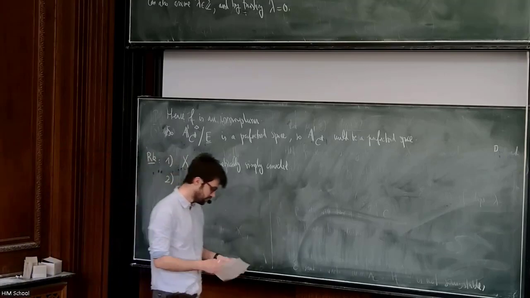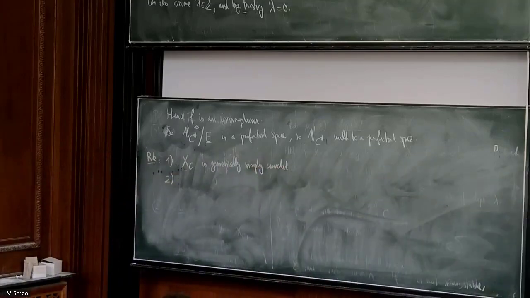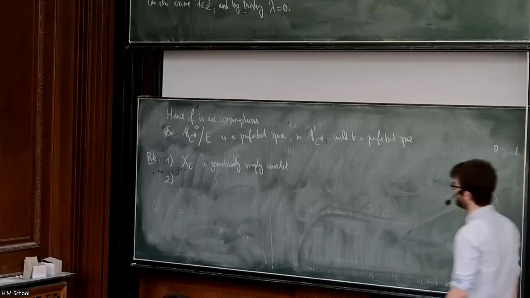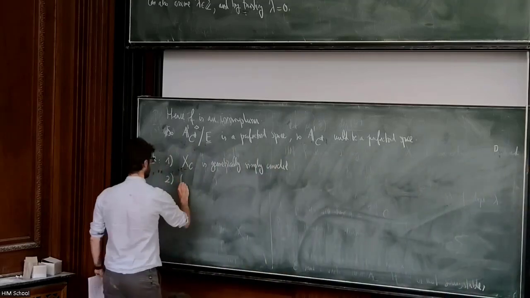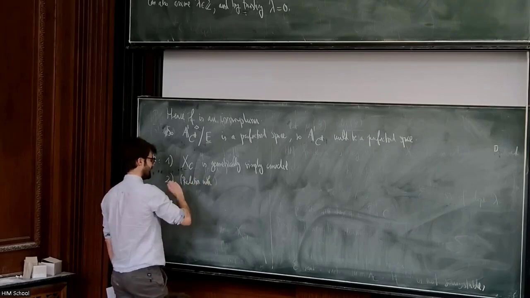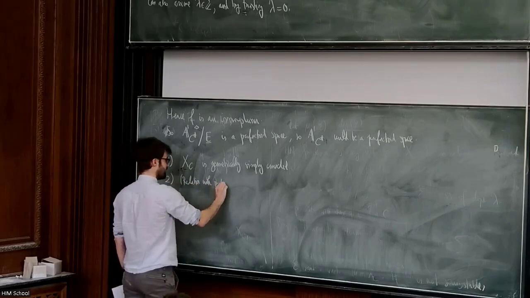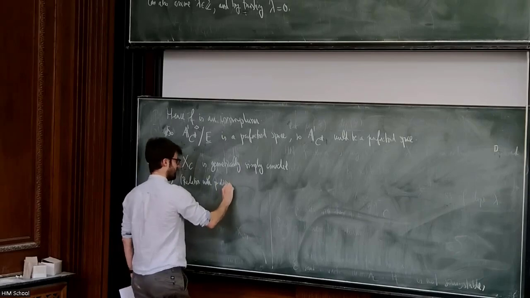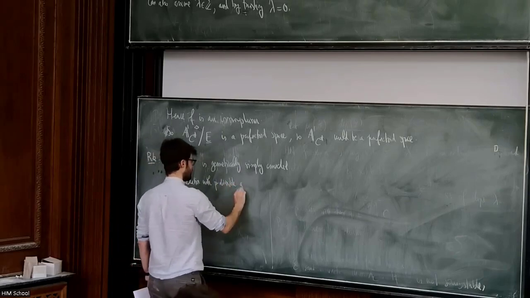Maybe another remark I can make is to come back briefly to the discussion about p-divisible groups, that we saw a little bit last Tuesday in the case of O(1).